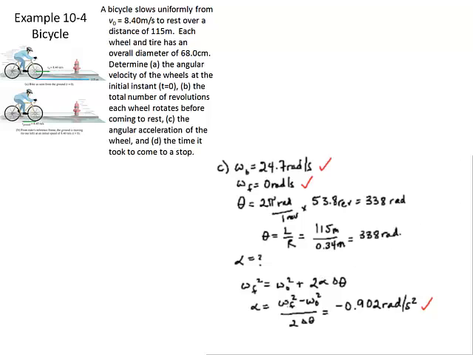So all we have to do here in part D is use the formula alpha is equal to delta omega over delta t, so omega final minus omega initial over delta t. That means that t is equal to omega final minus omega initial over alpha. If we plug in those numbers, we get 27.4 seconds.